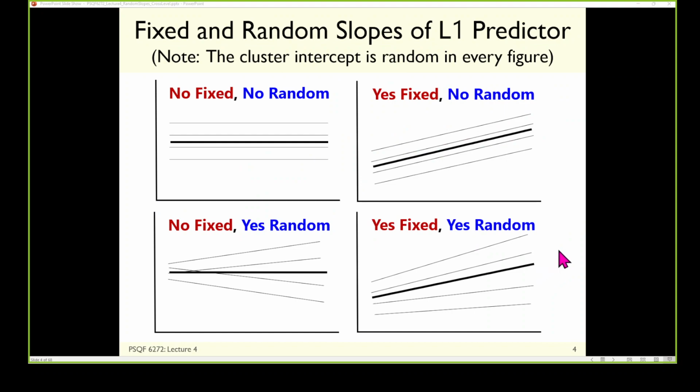All right. To foreshadow the idea of this new random variance, this is going to be a cluster characteristic, just like the intercept is. What kind of predictors do you think I need to predict why some clusters have a stronger slope than others? Level 2 or level 1? 2.